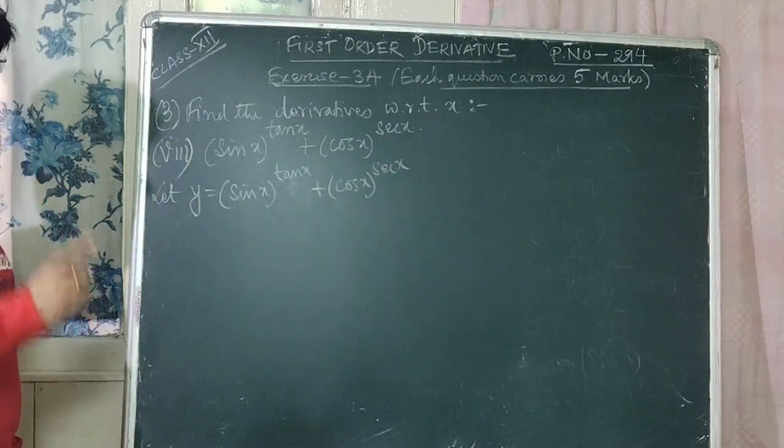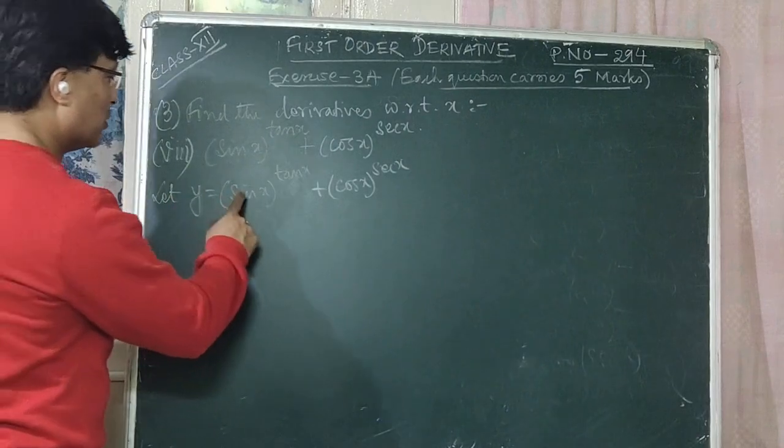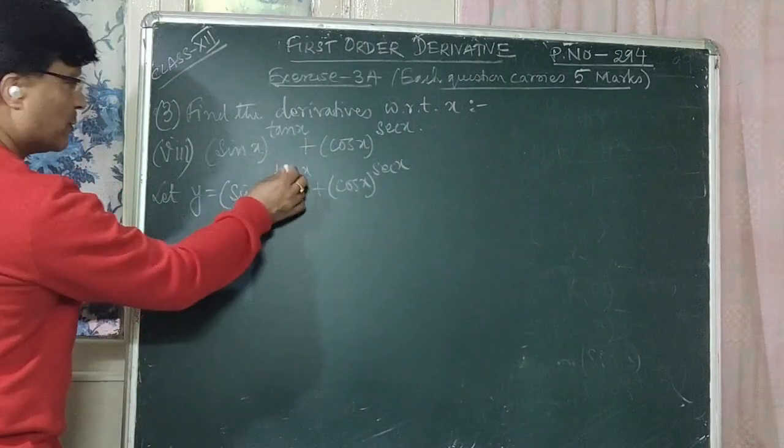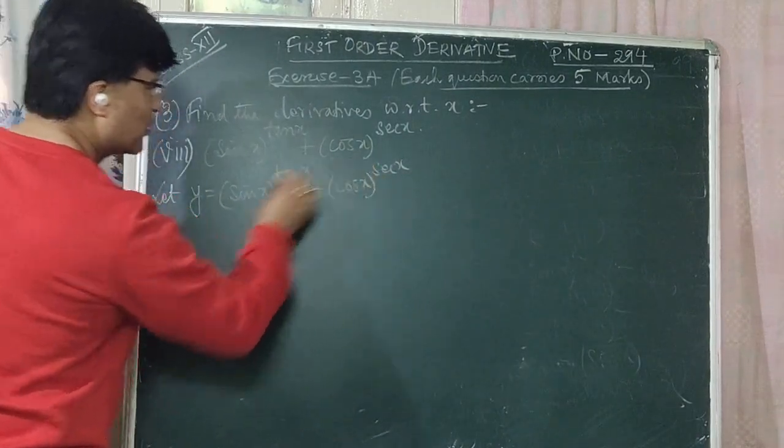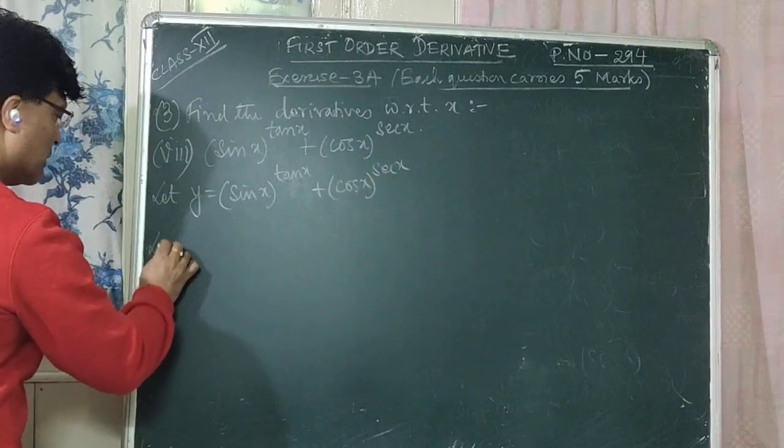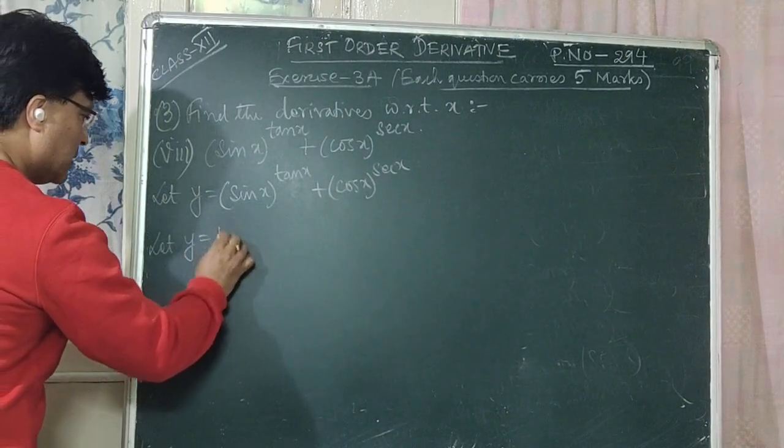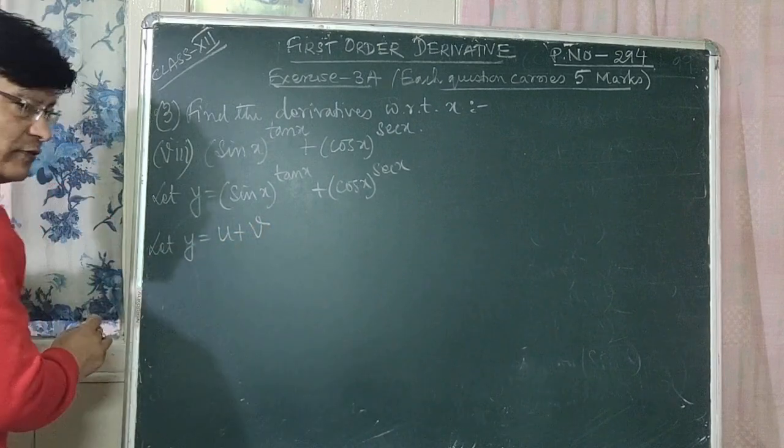So in this case the method used is y is equal to u plus v. That is, the first function is taken as u and the second function is taken as v. So let y is equal to u plus v.